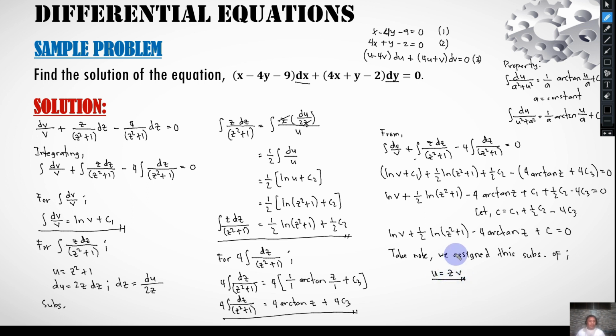So, ang gagawin natin dito, students, itong Z dito ay ating i-express in terms of this U and V. Kasi take note, ang Z natin is just equal now to U over your V.